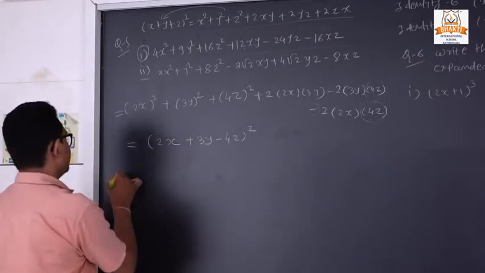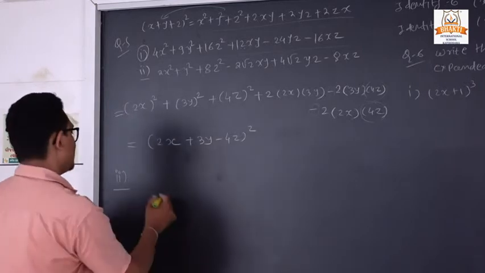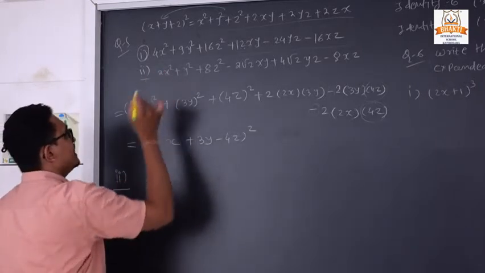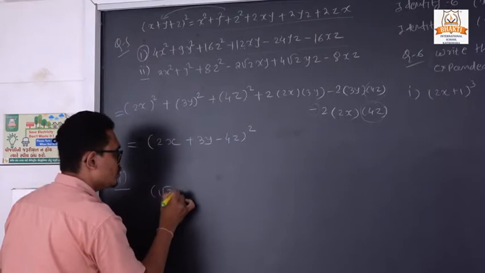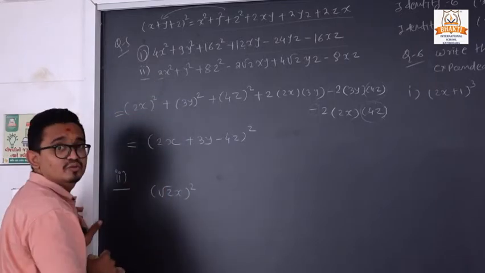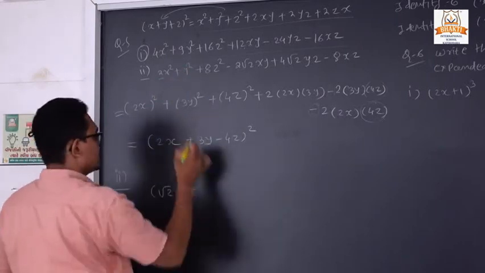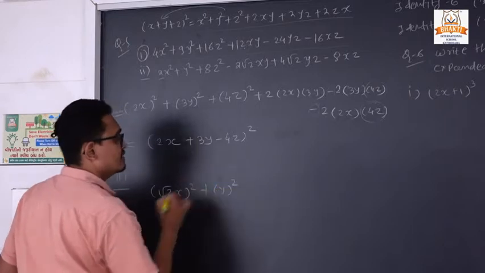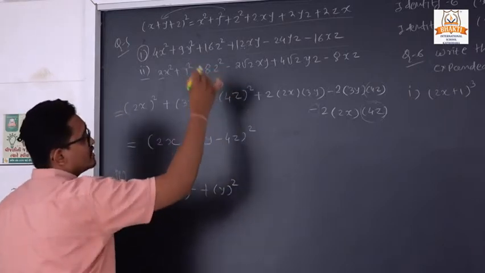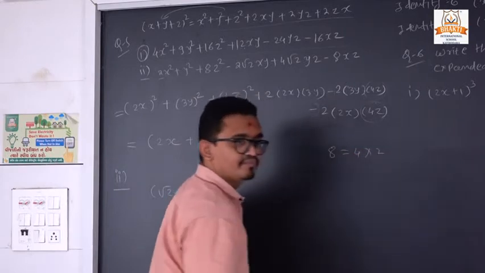Now next question, question number 2. Similarly, we can also write 2x square as root 2x all square, because root 2 all square will be only 2, and x square, so x all square, then y all square, then 8z all square. First of all 8 is equal to 4 into 2.